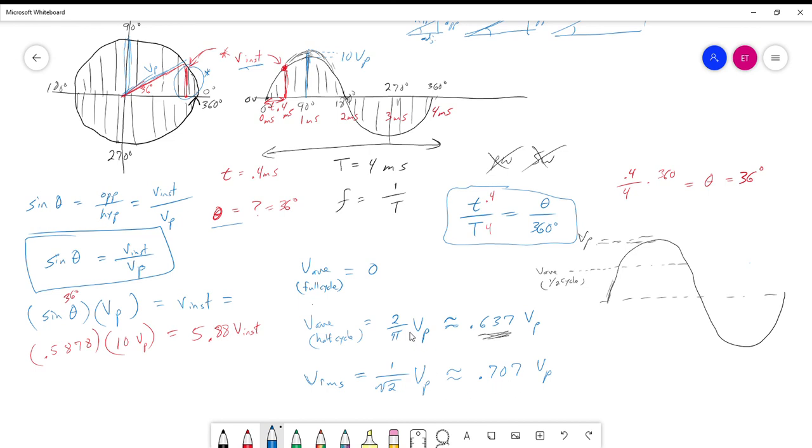But somehow, for myself, I find it easier just to memorize these numbers, the 2 over pi and the 1 over the square root of 2. I don't know that I have those reliably memorized. But the numbers roll off your tongue, out of your brain pretty quickly here if you've used them a lot. So 0.707 is going to be our RMS. And so it sits a little higher than the average. Sits in around here. Okay. The RMS value of a sine wave.